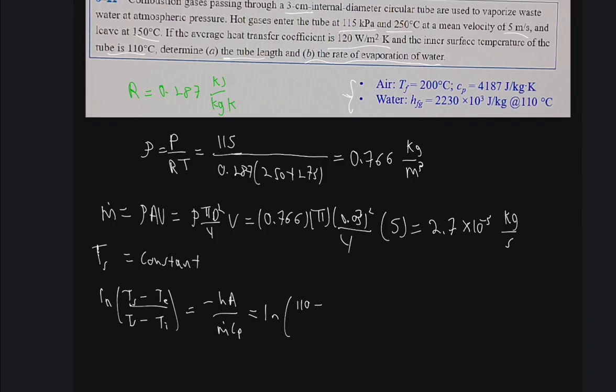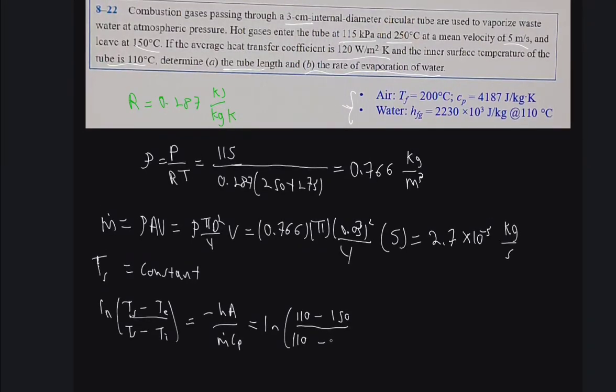Because these are differences, it doesn't matter if this is in Kelvin or Celsius. Minus exit temperature, leaves at 150 C. We have Ts, which again is 110, and inlet temperature 250. Because both the top and the bottom are negative, this becomes a positive, so we don't have to worry about a negative inside the natural log.